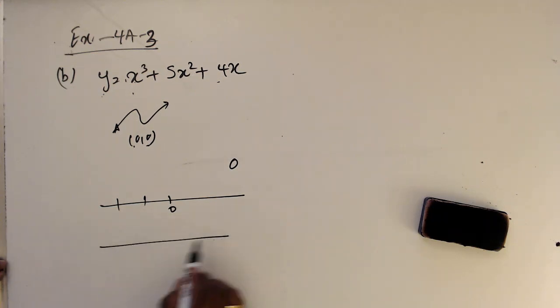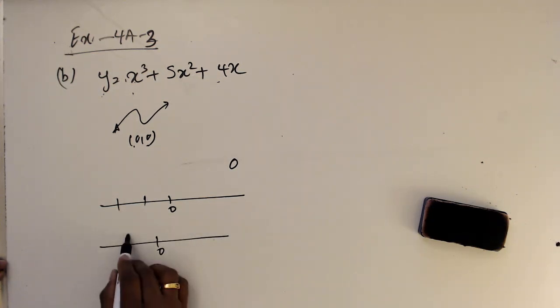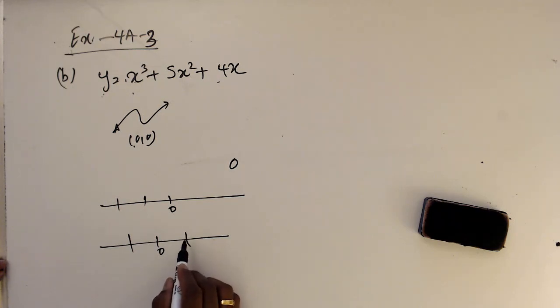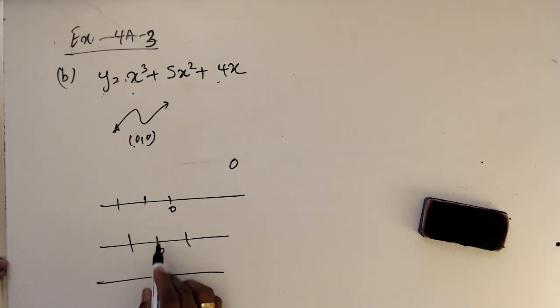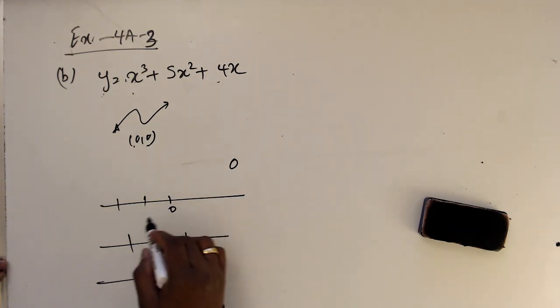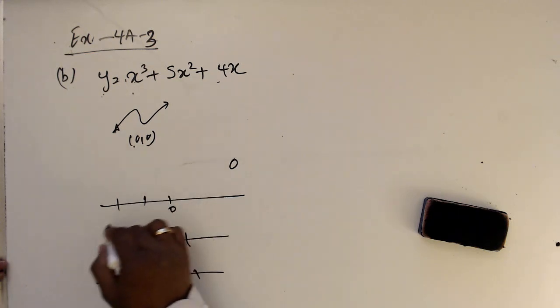The other option: 0 in the middle, with both roots at either side of 0. And the other option is 0 is this one, and both roots are there. Three options. If this is the one, the graph is going like this.